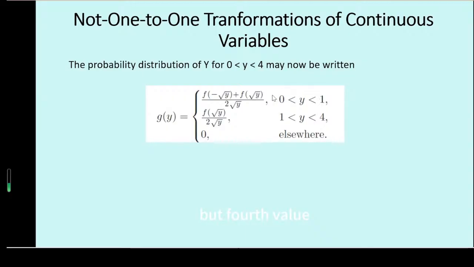But for y between 0 and 1, it is not one-to-one, because there are two inverse functions of x in terms of y for this range of y. That's why there are two parts added together.